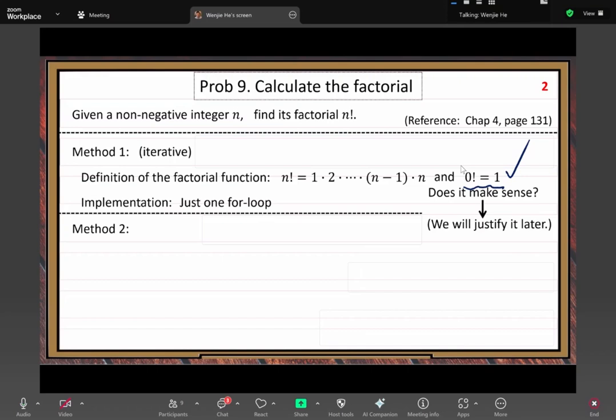But now we want to focus on the second method, the recursive method, to understand the basic step. How do we apply our recursive thinking here? For the recursive thinking, the basic idea, remember, is that we don't want to work on the original problem directly. We want to work on a relatively easier version of the original problem.